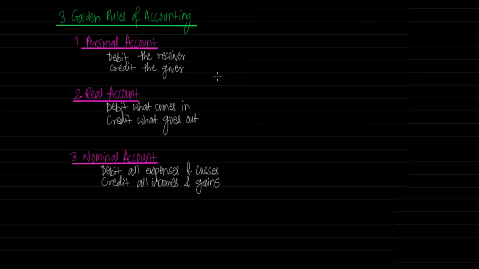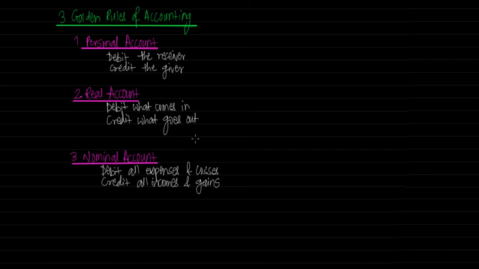If the company purchases machinery for cash, machinery is coming into the business, so machinery is a real account, and the rule of real account says debit what comes in, so machinery will be debited. Cash is going out of the business, hence cash is also a real account. In this case, cash account will be credited.